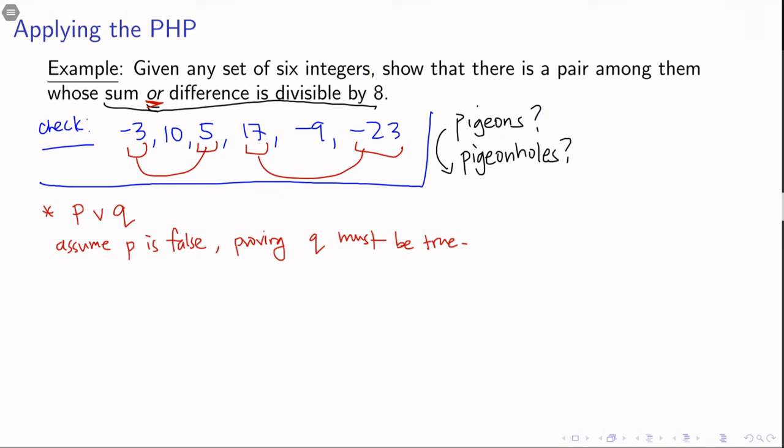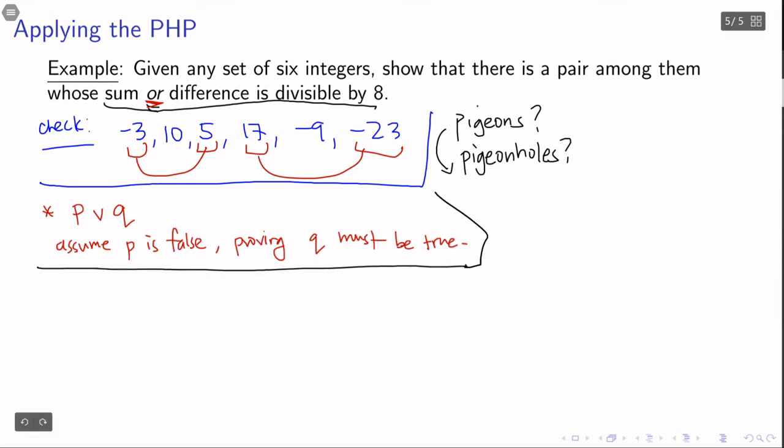Right? Because if P were true, then you wouldn't have to do anything else. You'd be done. But if you assume P is false and you prove that in that case Q is true, right, then that is exactly what you need to prove that or statement.